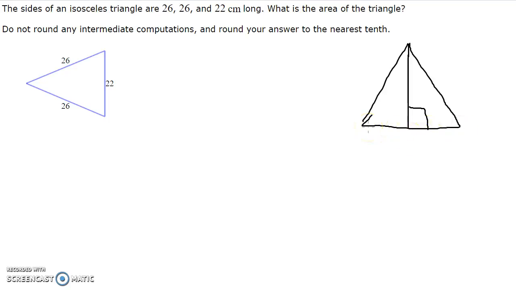We call that the base. So if I call this the base and this the height, then my area is equal to half times base times height, right? This is how we found the area of a triangle in the past.